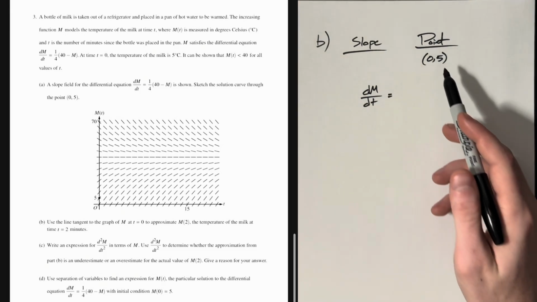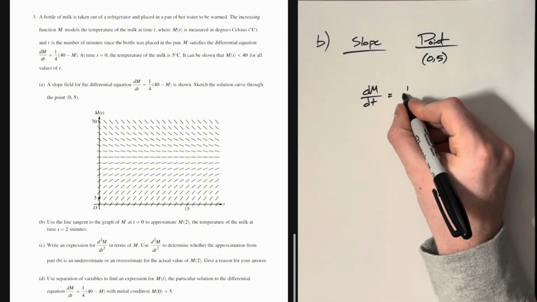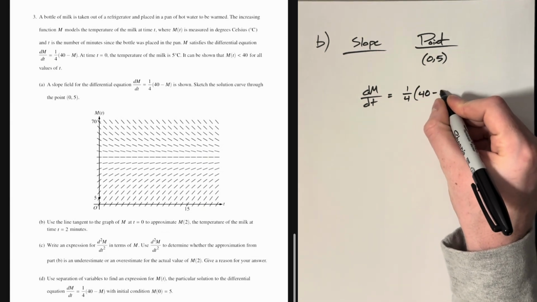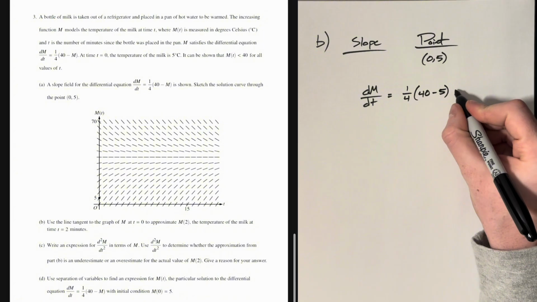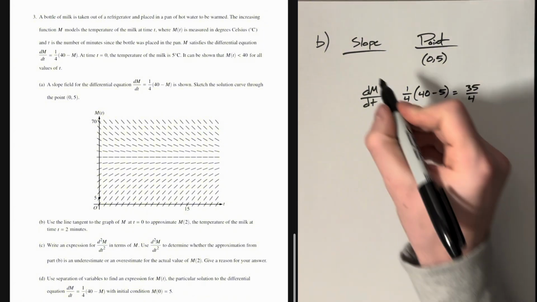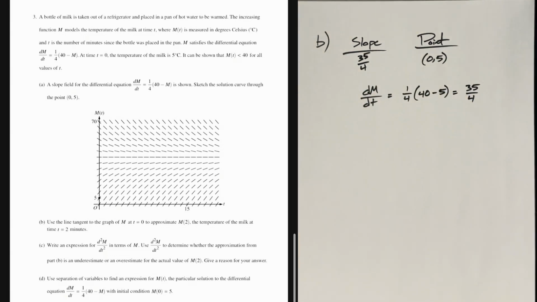Now at this point, m is equal to 5, t is equal to 0, so I'll plug it into my differential. So it would be 1/4 times (40 minus 5), which is equal to 35/4. So that is my slope.